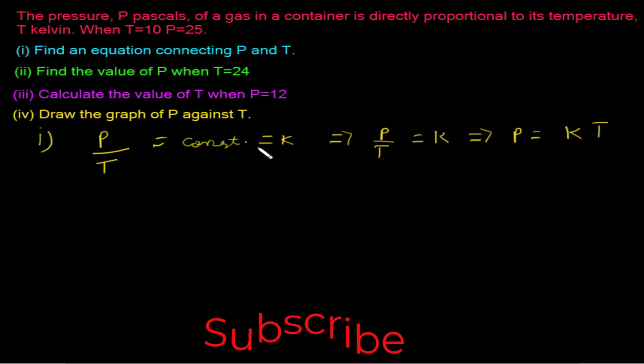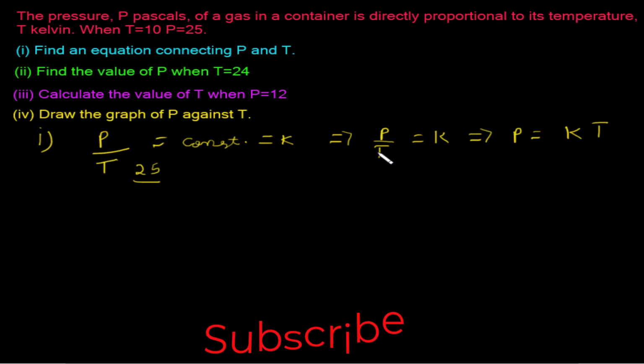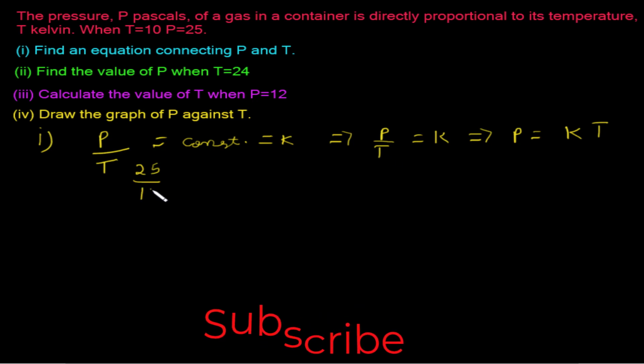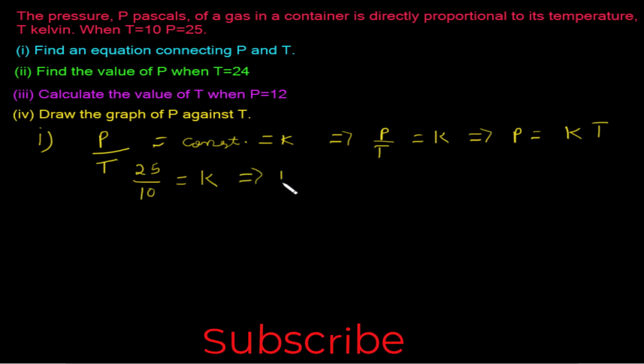Now to find out the value of this K, I will use this given information. When T is equal to 10, P is equal to 25. So all I need is to substitute these values into this equation. For P I write 25, and for T I put 10, which is equal to K. So this implies that K is equal to 2.5.